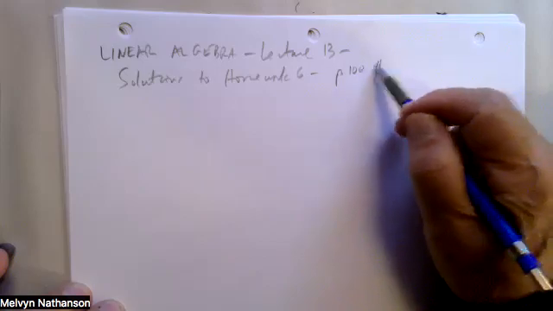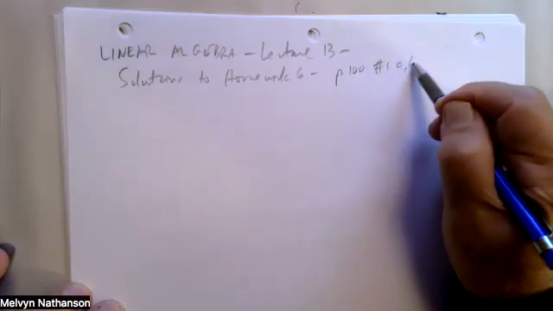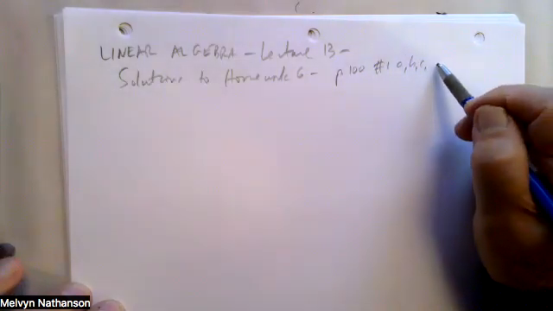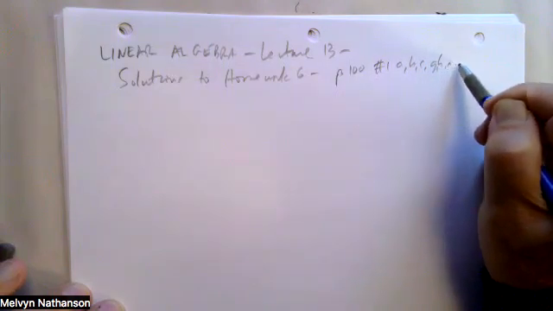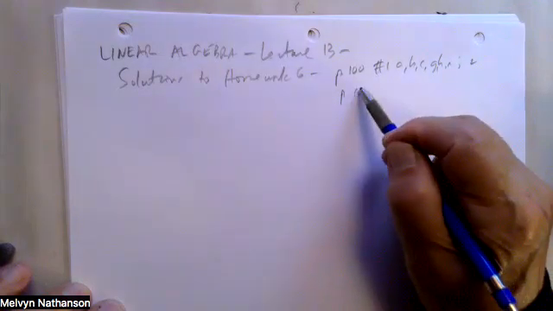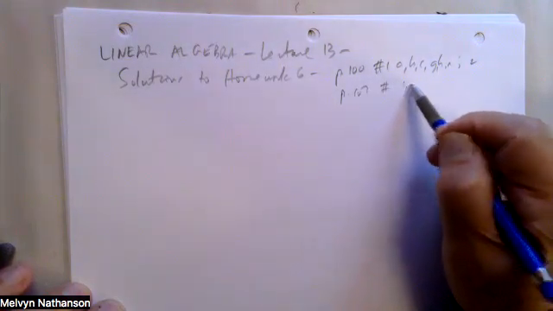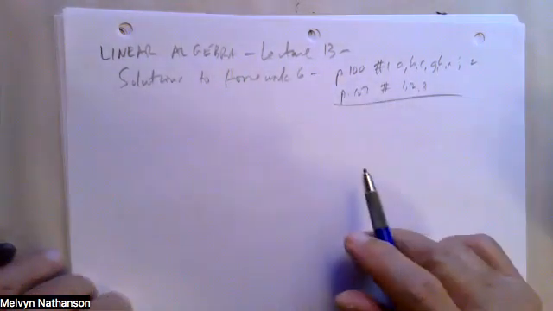These were on page 100, number 1, parts A, B, C, G, H, and I, and problem 2 on page 107, numbers 1, 2, and 3. I'm not going to do all of these, but I'll do a good chunk of them.